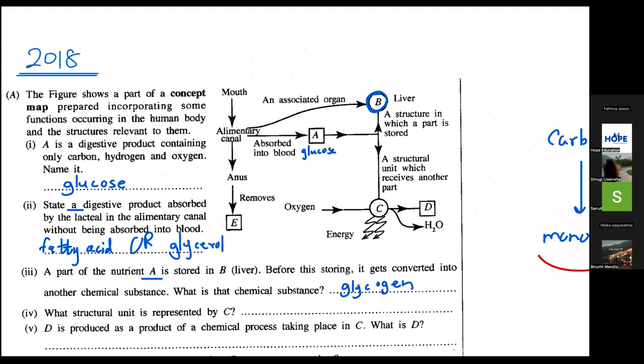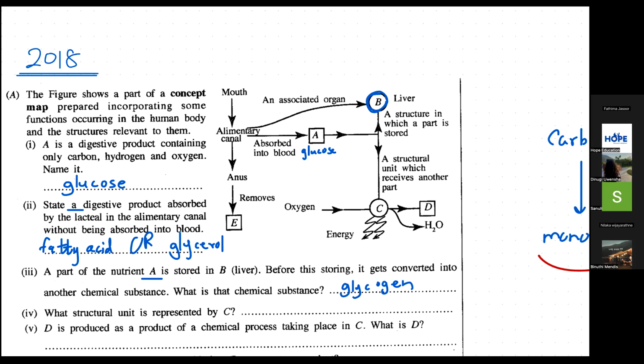Anamai? Yeah. This reaction happens in the cell. Specifically, the cell has mitochondria, right? It is in the mitochondria that this reaction happens, where energy is produced using glucose.